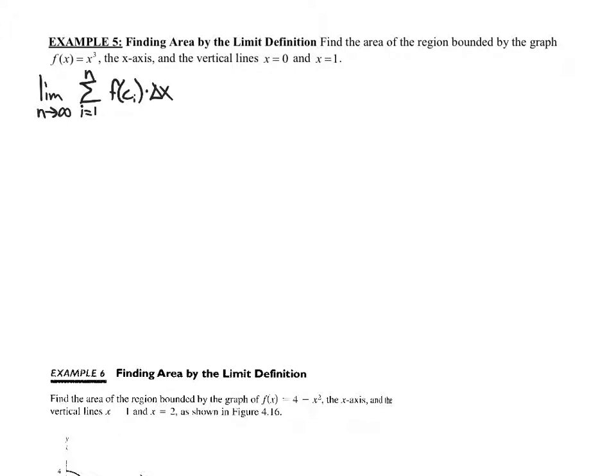Let's sketch what we're given first of all. We're told that we're looking at the function y equals x cubed, which looks like this, the x-axis and the vertical lines x equals 0 and x equals 1. So let's say this is 1. Obviously this is 0.